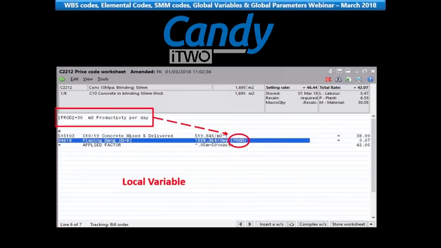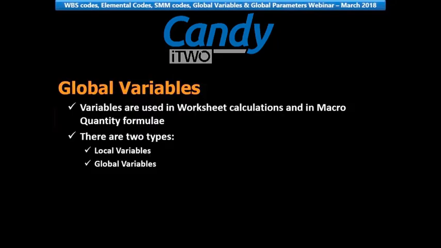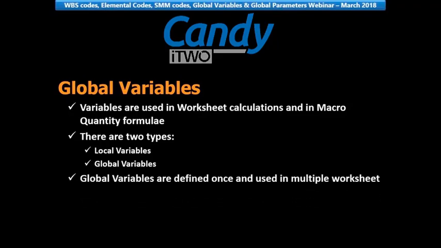If the same value needs to be used in multiple worksheets, it will have to be defined within all related worksheets, and this process is time-consuming and loses the purpose of using variables in order to speed up the pricing process. Hence, we introduce to you global variables to solve this issue. Most of you are familiar with the local variable, where in a particular worksheet you can define that variable value and it can be used in the entire worksheet.